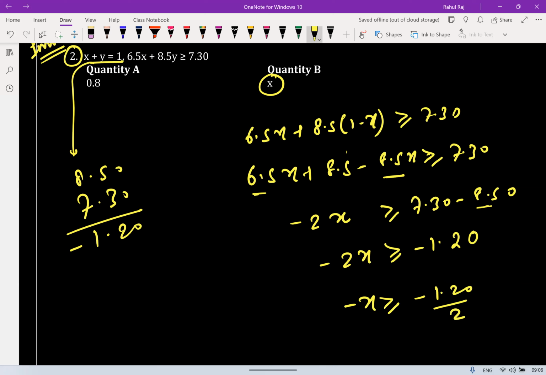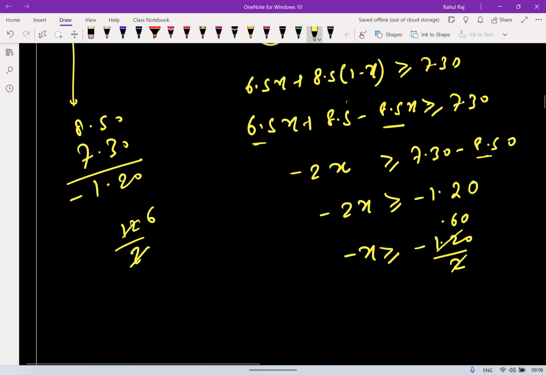So 2 6 are 12, 2.6. Imagine 12 by 2. 2 6 are 12, but technically it is point, so you will get 0.6. Okay, fine. Now you have minus x is greater than negative 0.60. So then you can do x is less than or equal to 0.6.